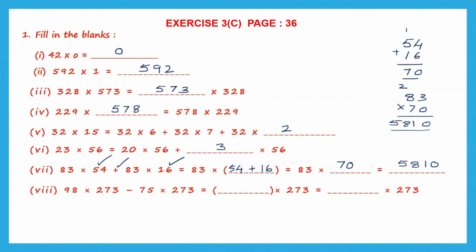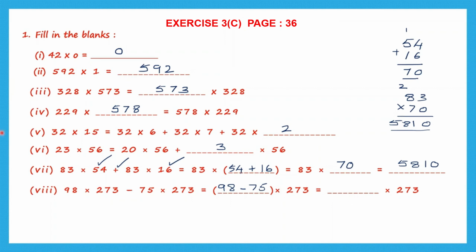So what do we write? 98 minus 75, into 273. Again, the distributive property. That means we need to subtract 98 minus 75 and put that answer into the blank here.